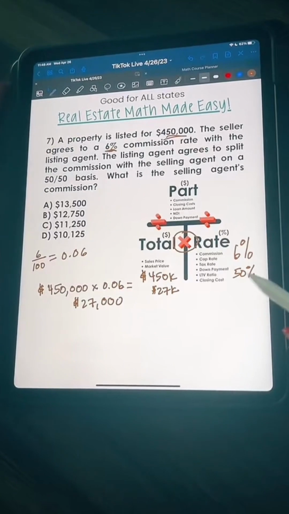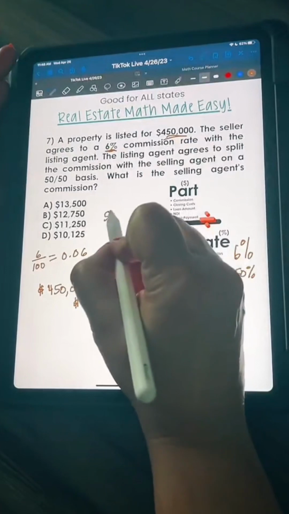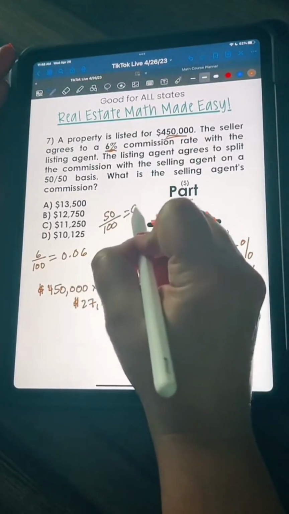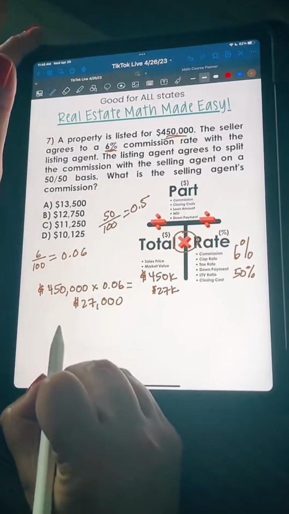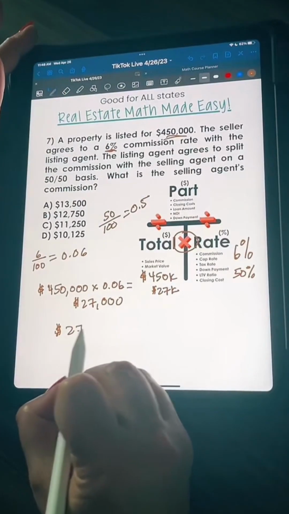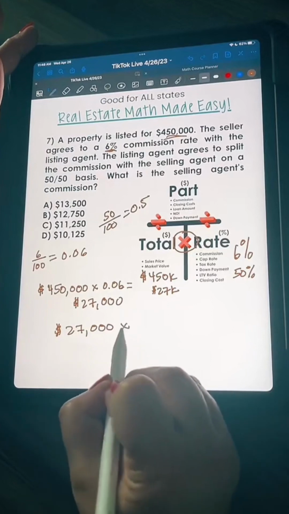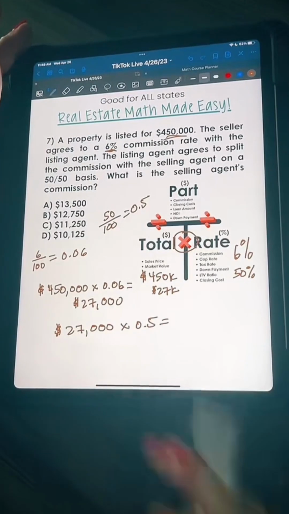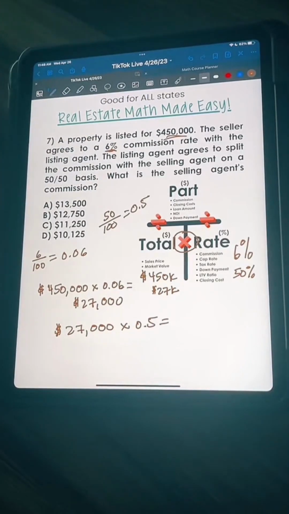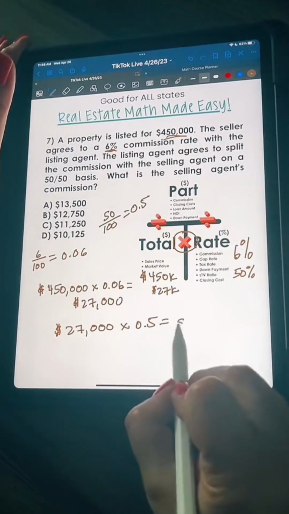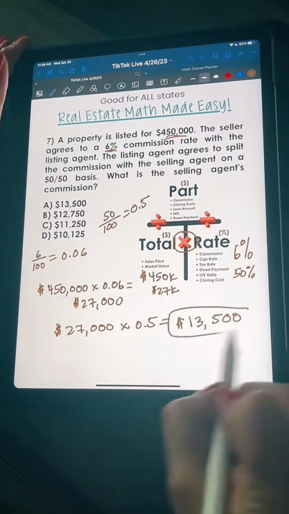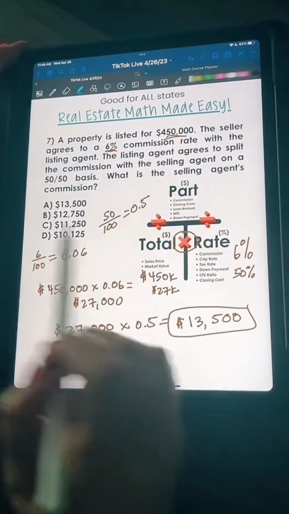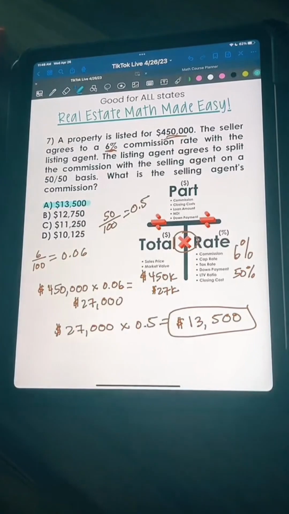So if you change that to a decimal, 50% over 100 is equal to 0.5, right, half. So then now we multiply 27,000 times 0.5, or divide by 2, and you get $13,500. Okay? So the answer is A again.